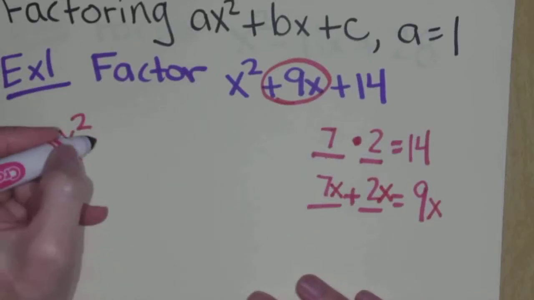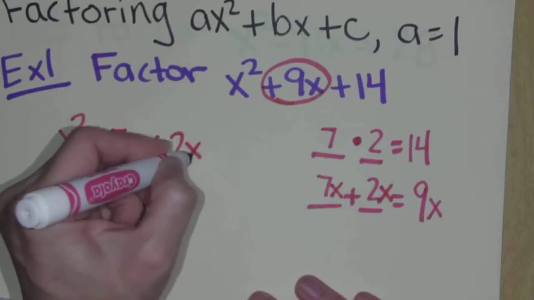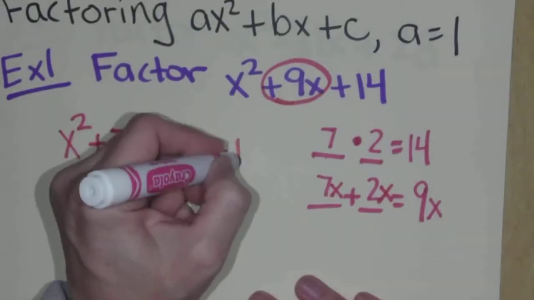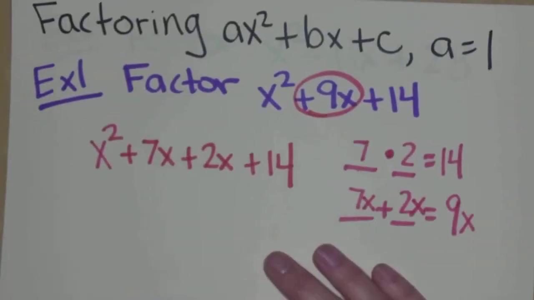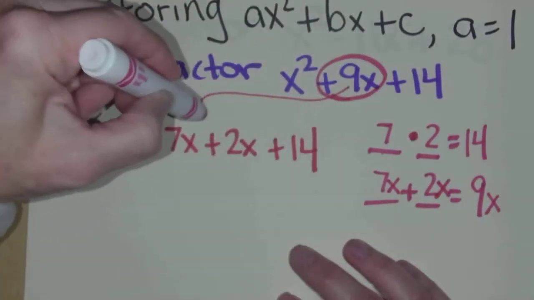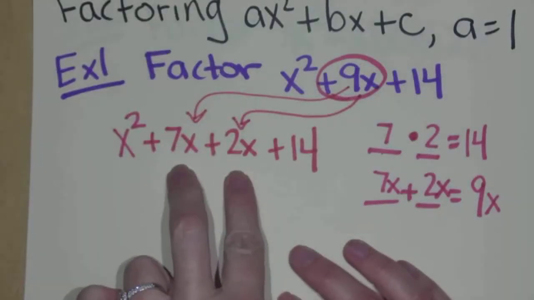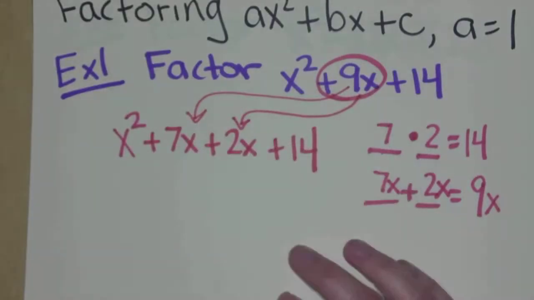I'm going to write x squared plus 7x plus 2x plus 14. Can you see what happened there? The 9x just got split into 7x plus 2x, and if we combine the like terms, we get right back to 9x.